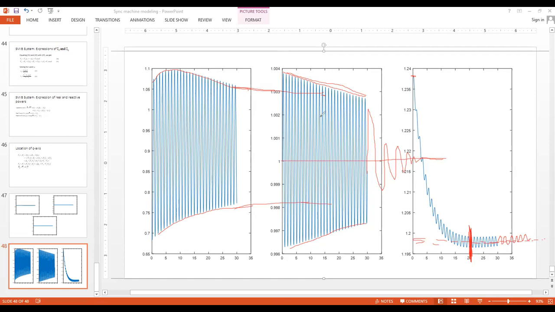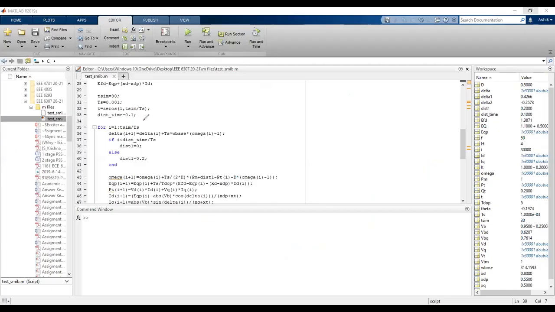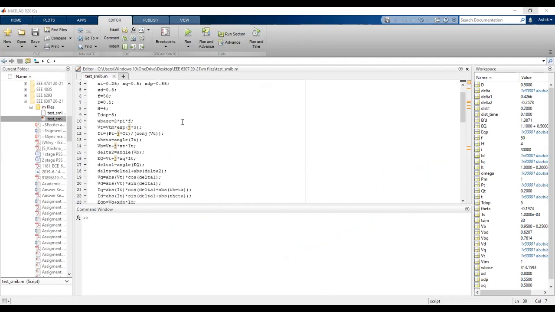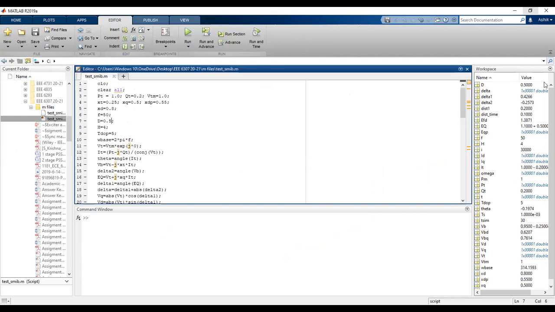We'll go to MATLAB and intentionally increase the damping term and see what the effect is. It was 0.5 only. So we simply make it 5, 10 times, and see what the response is.